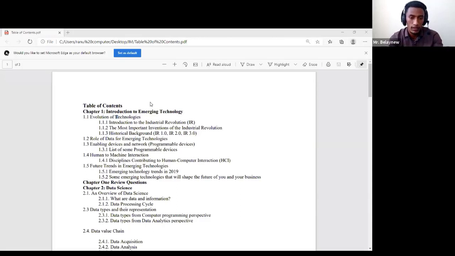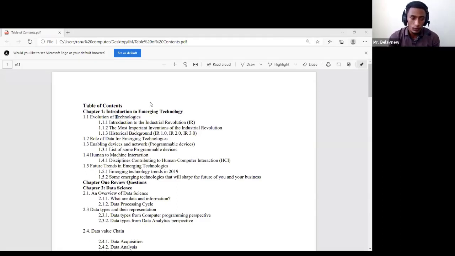Also main aspects of each revolution will be discussed in this chapter, chapter 1. Also we will see different evolutions like industrial revolution 1, industrial revolution 2 and 3, and the new technologies related with each revolution.